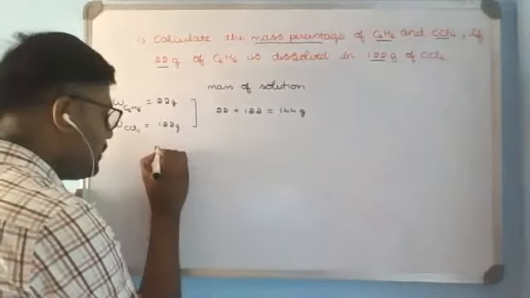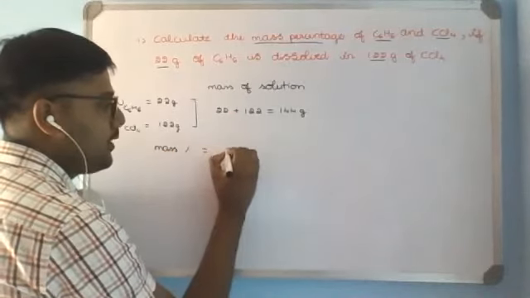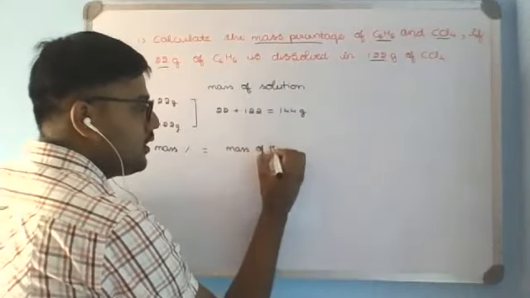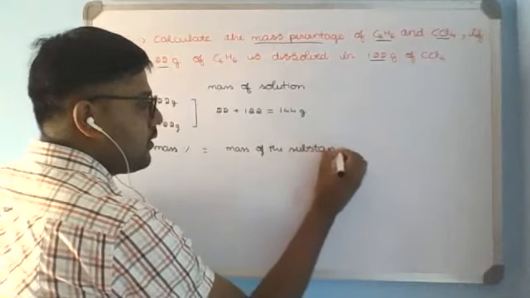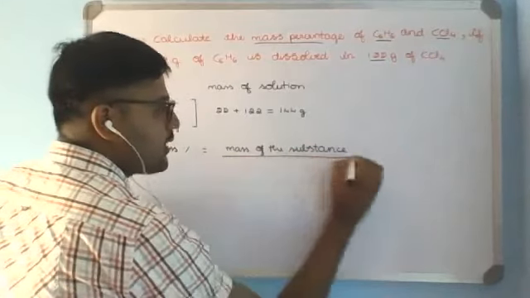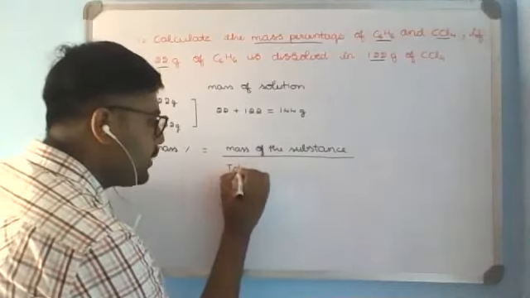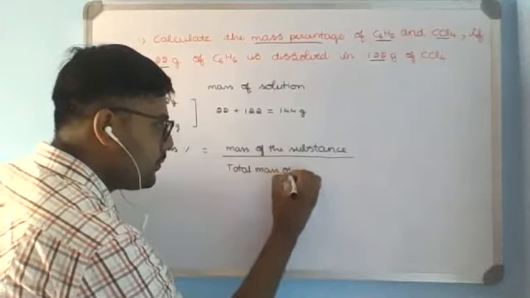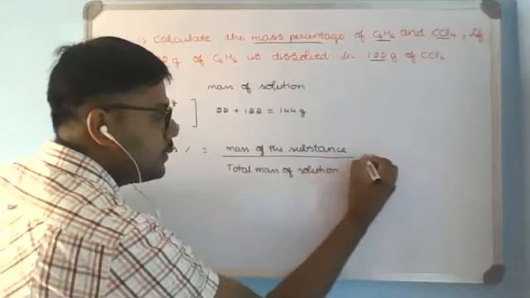Now as we know, mass percentage can be calculated as the mass of the particular substance present in the solution divided by the total mass of the solution into 100.